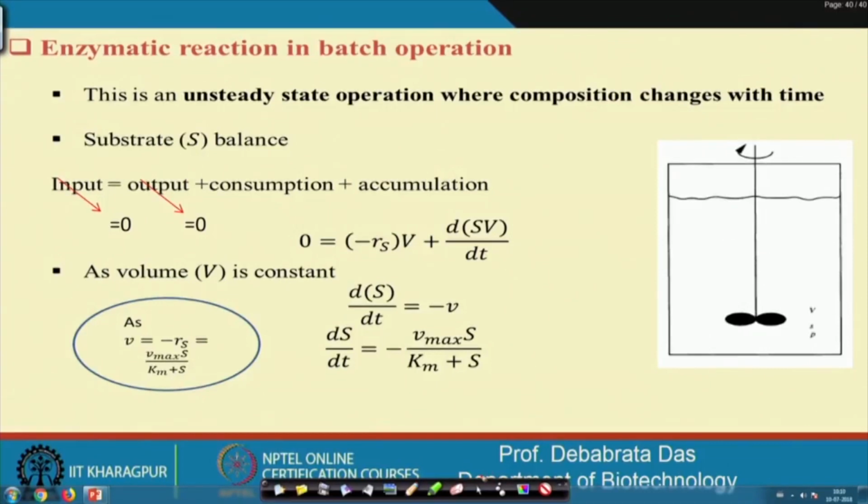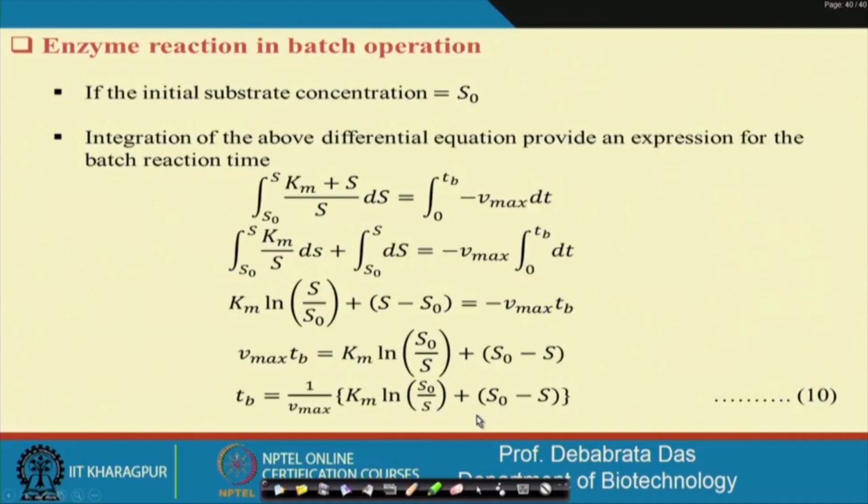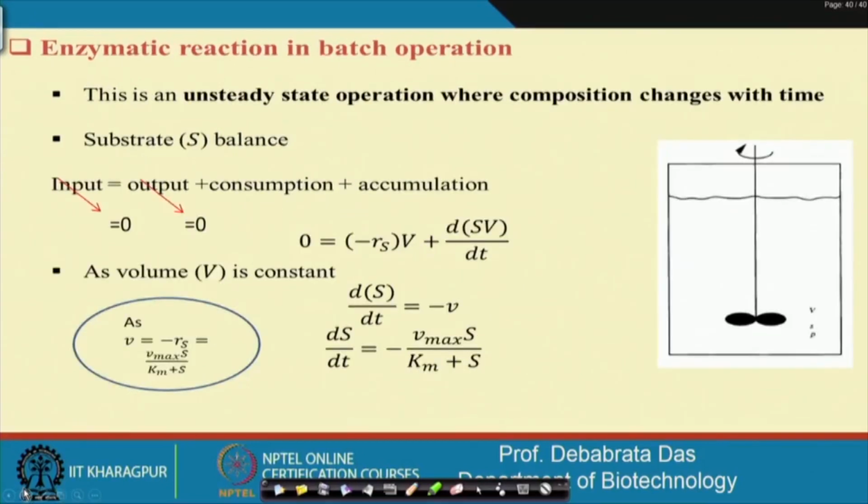Now here you see how we analyze the system. What you can write here is minus rs into V equal to d(SV) by dt. Am I right?